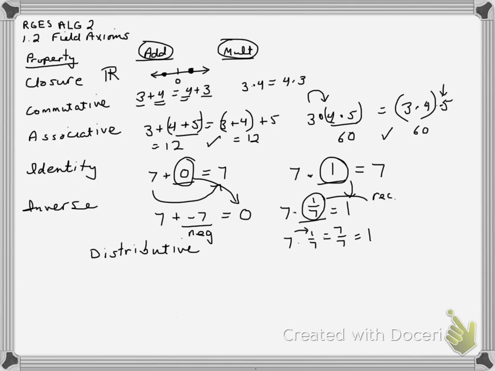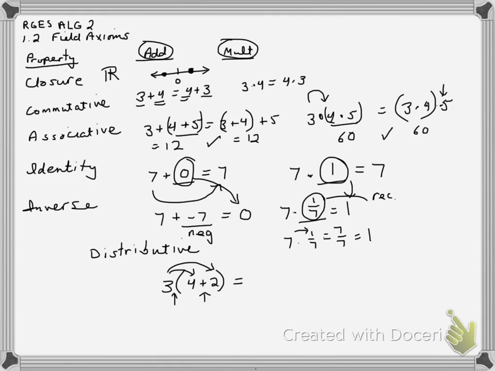So recall something like this, where I have a multiplication here and an addition there. I could solve that by order of operations, or I could distribute it, making it two multiplication problems.